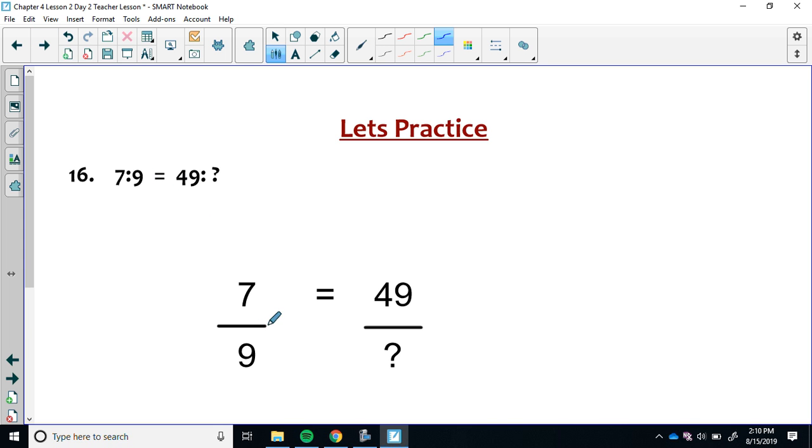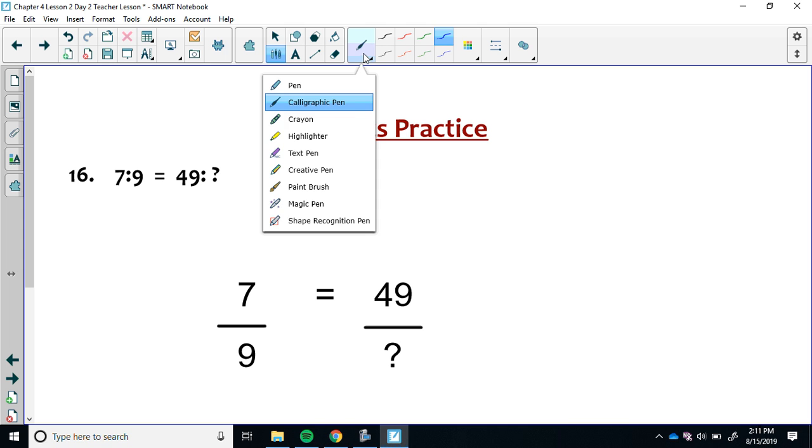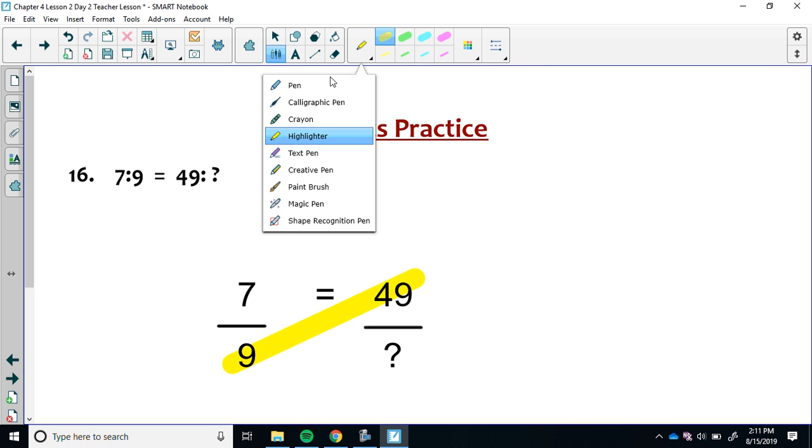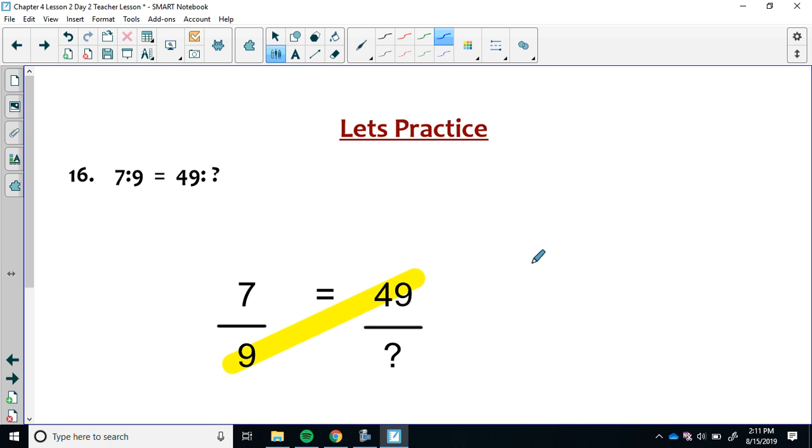7 to 9 equals 49 to question mark. So let's highlight the numbers that are across from each other: 9 and 49. Let's multiply those numbers together. That's the first step. So 9 times 49. Go ahead and use your calculator on this one. 9 times 49 equals 441.